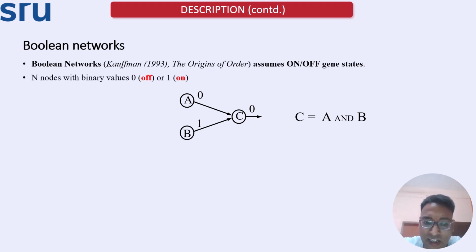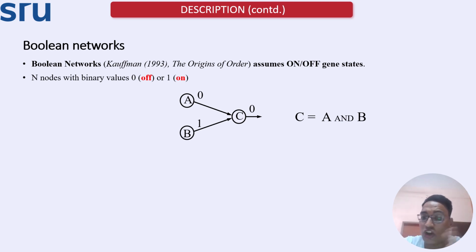Understand that Kauffman, in 1993, worked on this, The Origins of Order. He claimed that to understand these gene networks, we should consider the on and off states. What he meant was, when you are analyzing a large network, some genes are switched on and some genes are switched off suddenly, depending on certain constraints, certain biomolecular conditions.